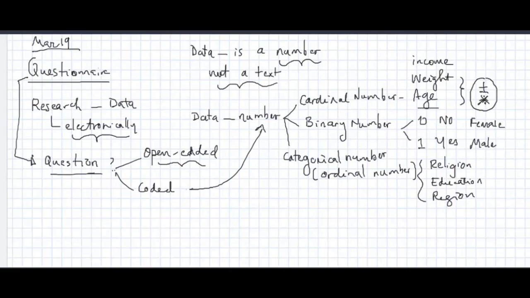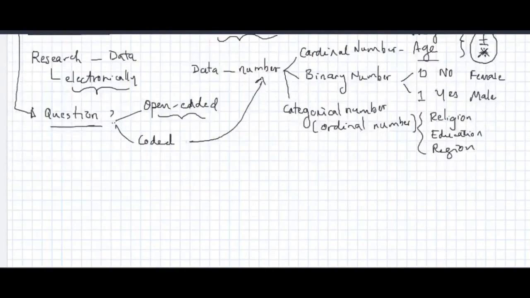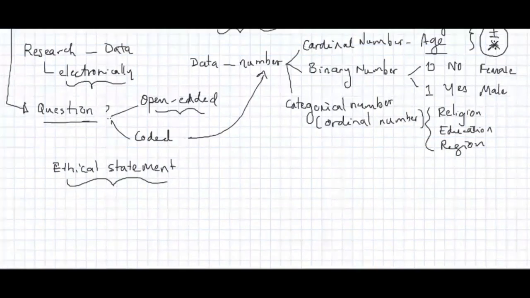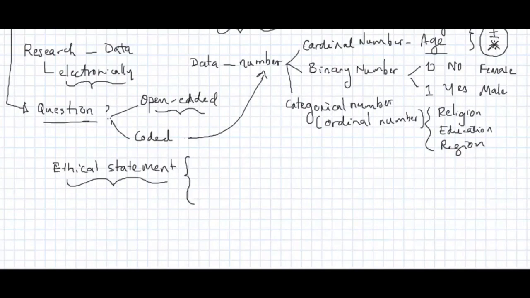But in order to collect data, once you have designed your questionnaire, the first thing you must give is an ethical statement. Designing an ethical statement is very common nowadays; you cannot collect data without an ethical statement. What is the ethical statement? It is a statement of keeping privacy. That is a very important part of collecting data.